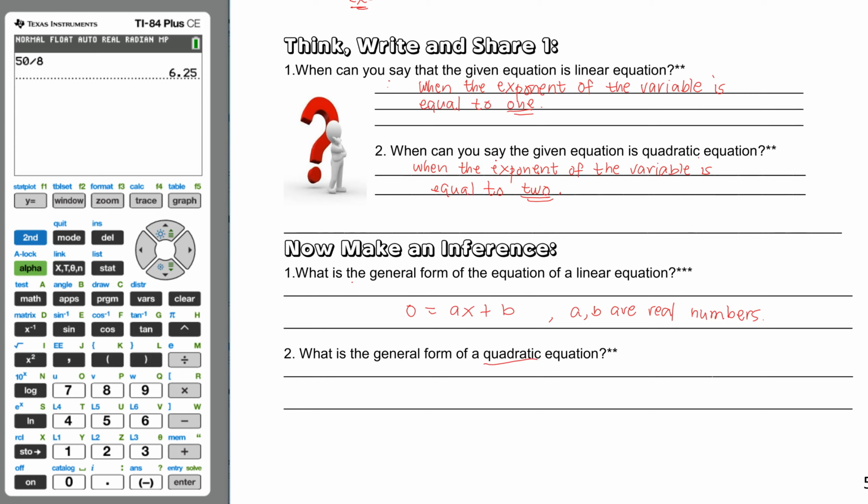And for the quadratic equation, it would be 0 equals ax squared plus bx plus c. So you see here we have the square term that makes it a quadratic equation, and a, b, c are real numbers. We're talking about general forms here. Okay, that's it.